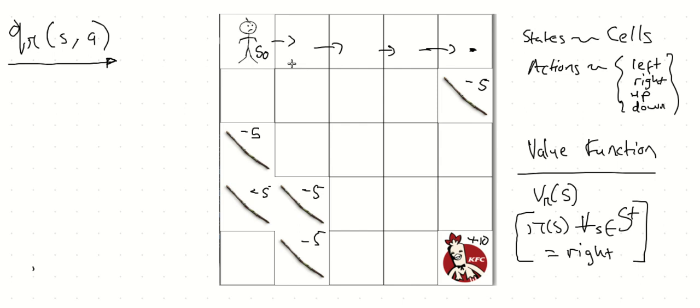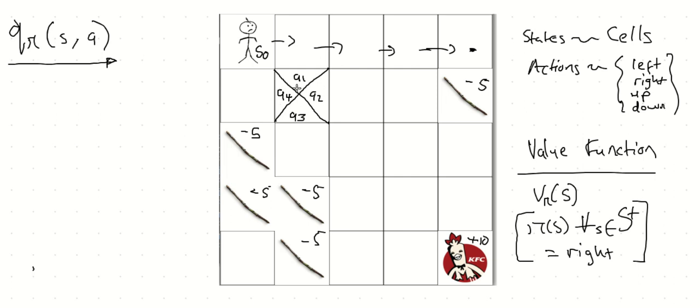So the value function tells us how good it is to be in this state. But the Q function actually, if we split this like that, so this is action 1, which is move up, action 2, move right, action 3, move down, and action 4, move left, right? So we have these 4 actions we can take.